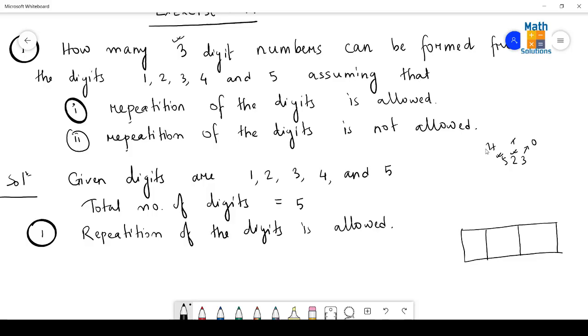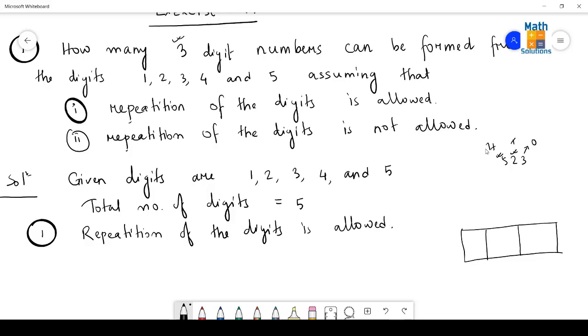But in this case we have to make arrangements. These boxes, these positions I am framing here, it doesn't mean that these will be the numbers here. These are just arrangements. So whether we consider the places from the left hand side or from the right hand side, there is no problem.